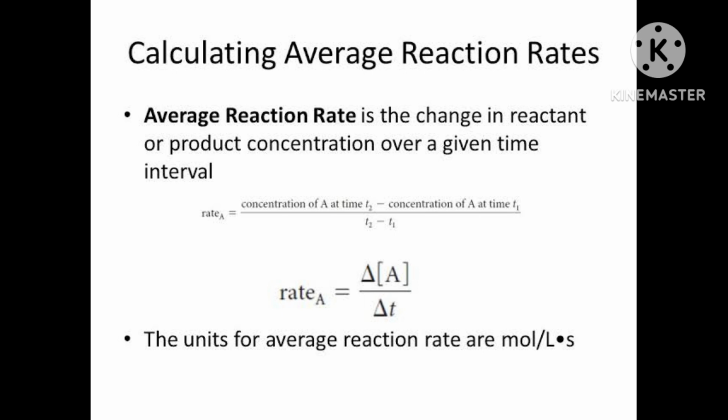Both rates will be equal: rate in terms of HI and rate in terms of H2. The only difference is that HI is minus and H2 is plus. H2 should be written in a big bracket, and that is equal, in terms of iodine I2 vapor, again the same way, delta [I2] divided by delta t.